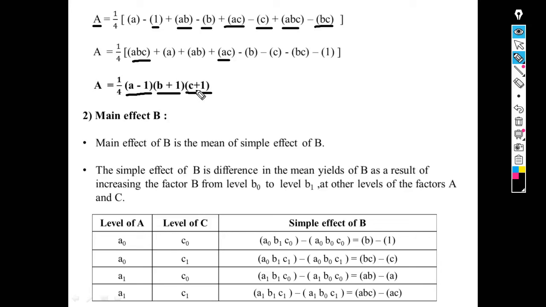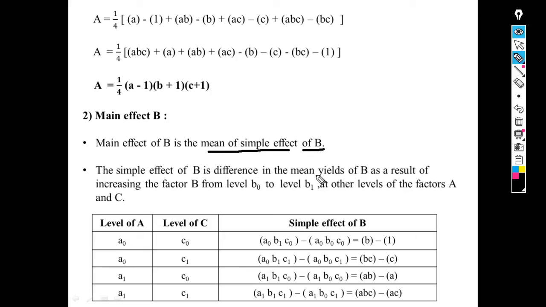Now we want to find the main effect of factor B. To find it, first we find the simple effect of B, because main effect B is the mean of the simple effect of B. What is the simple effect of B?